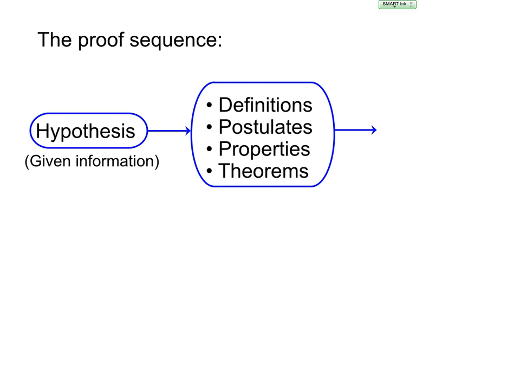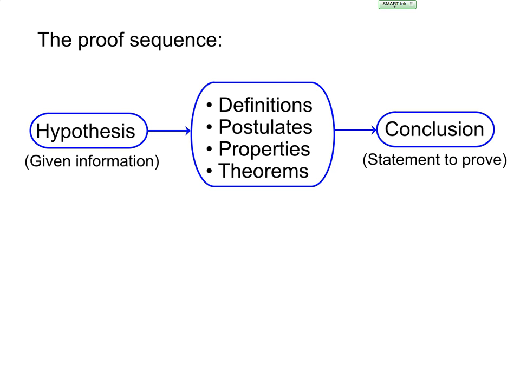In that list that I just went through, in addition to the given, you can have definitions, postulates, properties, theorems. Those are acceptable reasons. What we're trying to do is get to the conclusion, the statement that we're supposed to be proving.